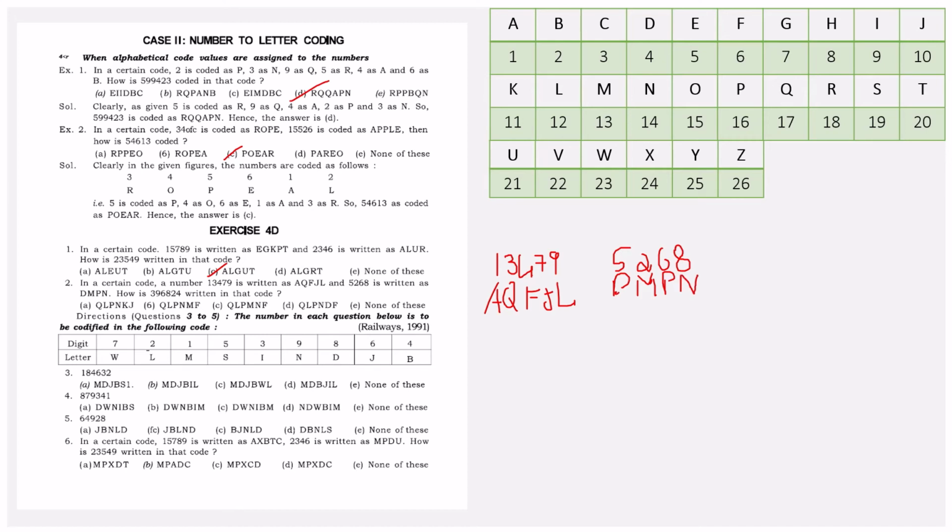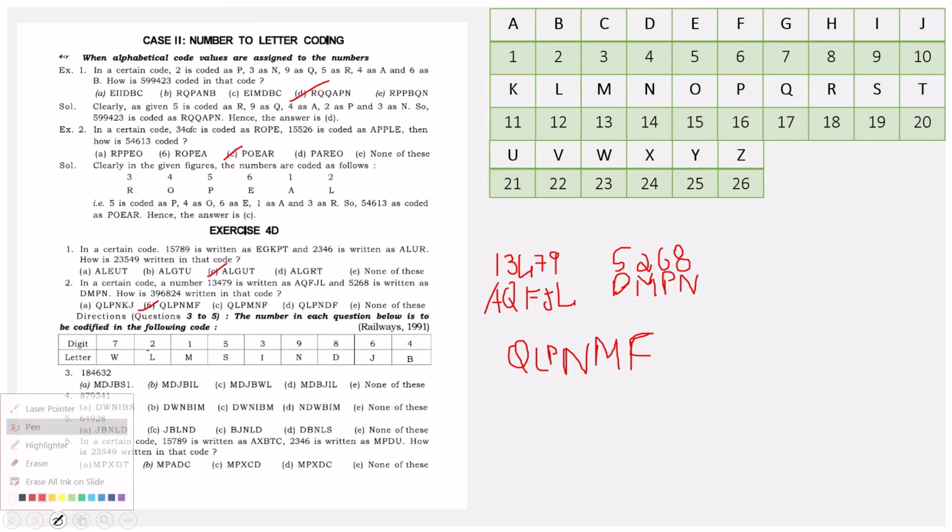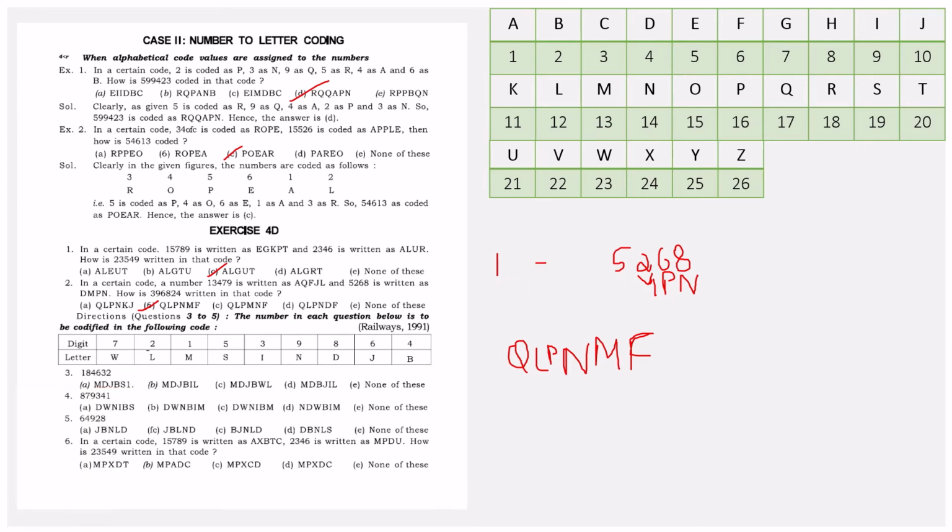Okay, so they are asking for the code for 396824. So 3 is here, Q. 396 is QLP, 824 is MN... 2 is over here, M, 4 is F. So QLP and MF, option B. That was a printing mistake, it's actually option B. I think that's not that big an error to explain.